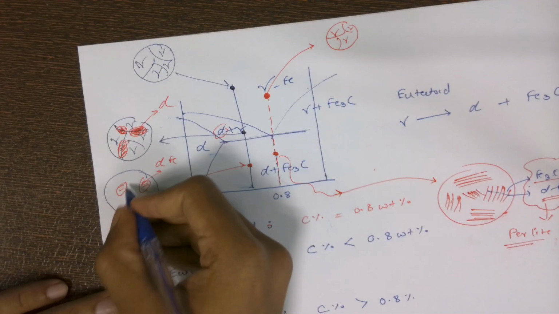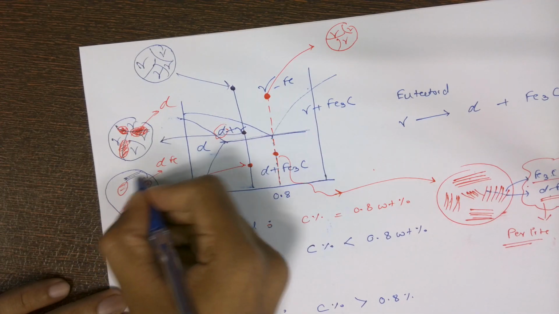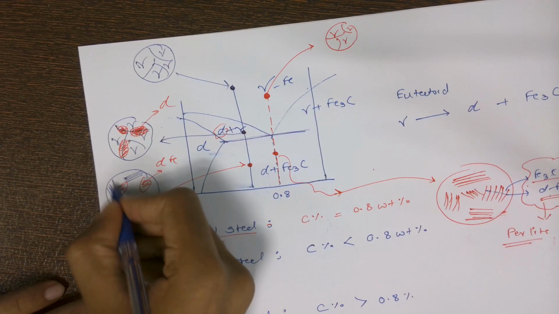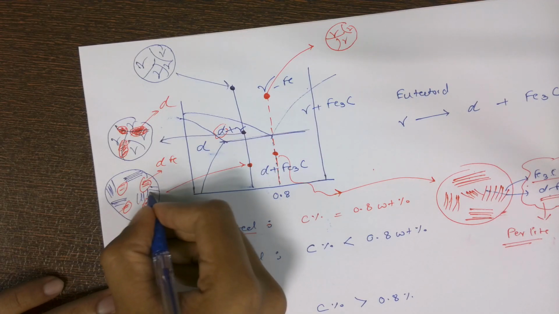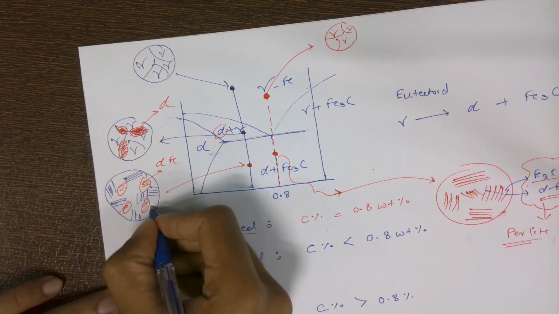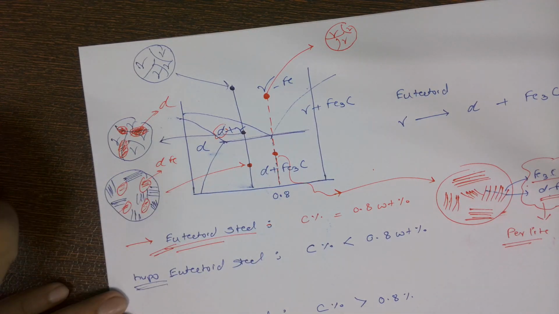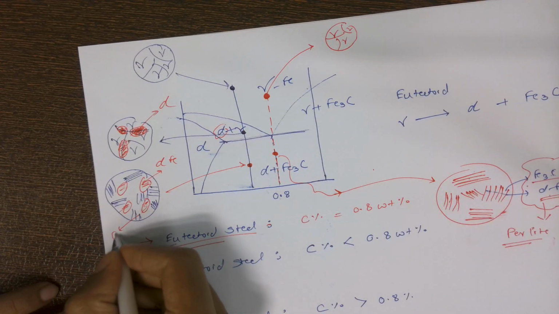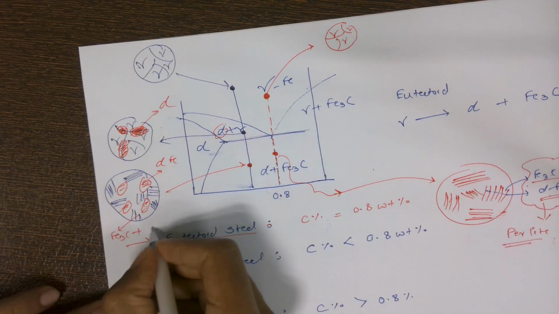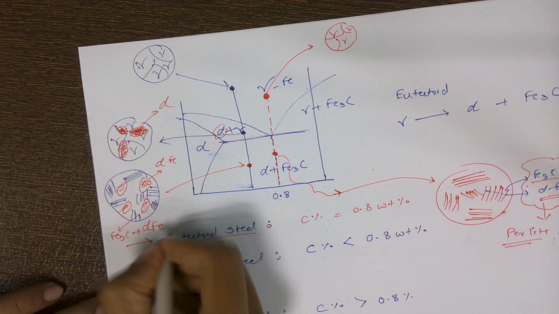Now in the remaining region where austenite was there, there will be the microconstituent. Okay, here the microconstituent will be there. This microconstituent will again be made up of ferrite and cementite, Fe3C and alpha ferrite.